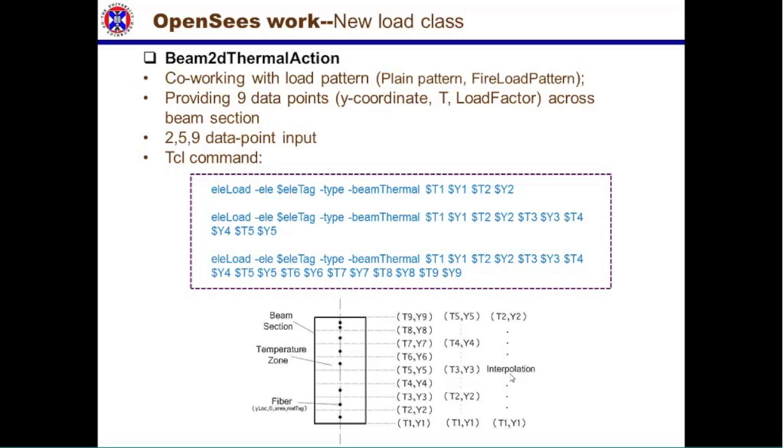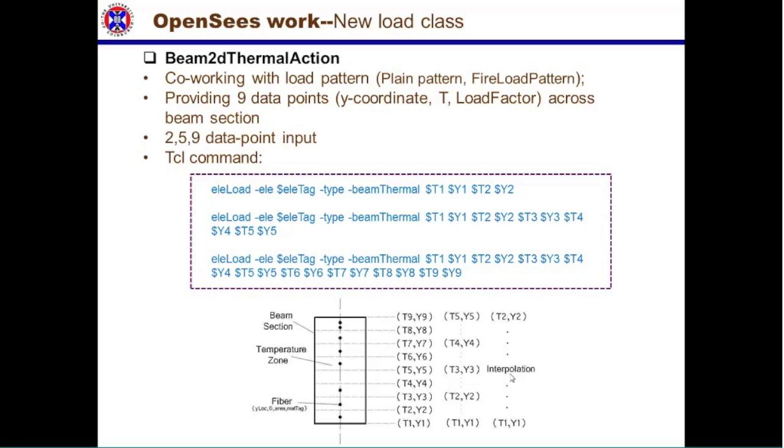So these things are very important if you really want to model real behavior. At the moment we have 9 data points, and we think that this is enough, but if we find other cases where we need more, we can certainly add more. Okay, you can carry on. You did a good job.